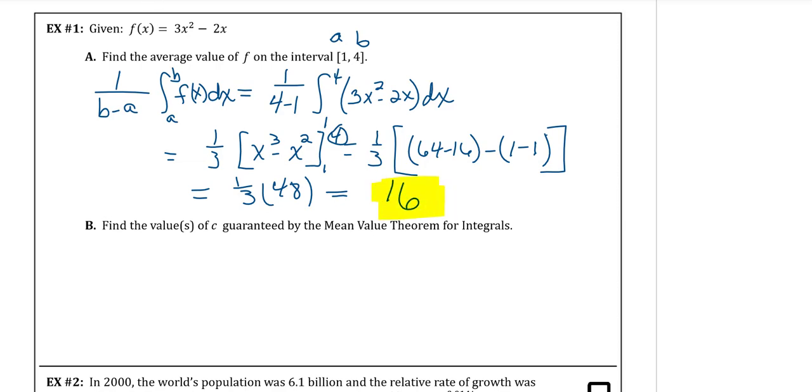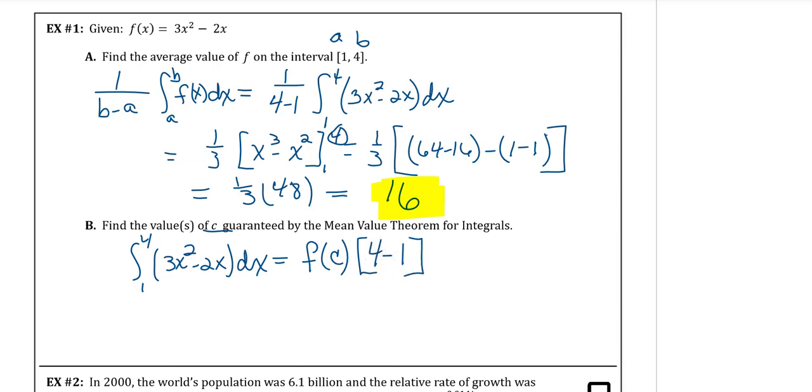Okay, part B. Now we want to find the value of c guaranteed by the mean value theorem for integrals. Here's what we know: the integral from 1 to 4 of 3x squared minus 2x dx has to be equal to f of c times our interval.